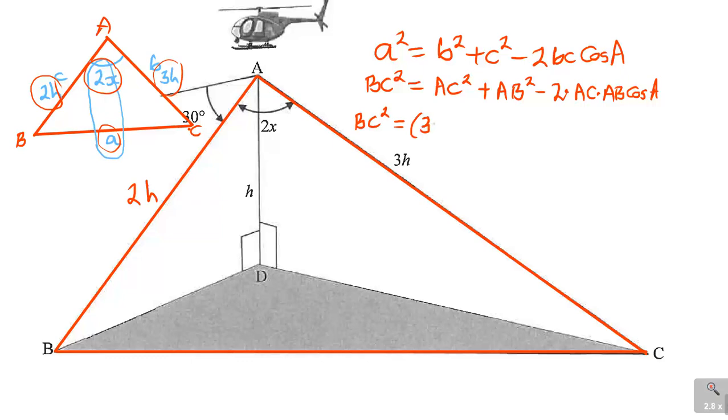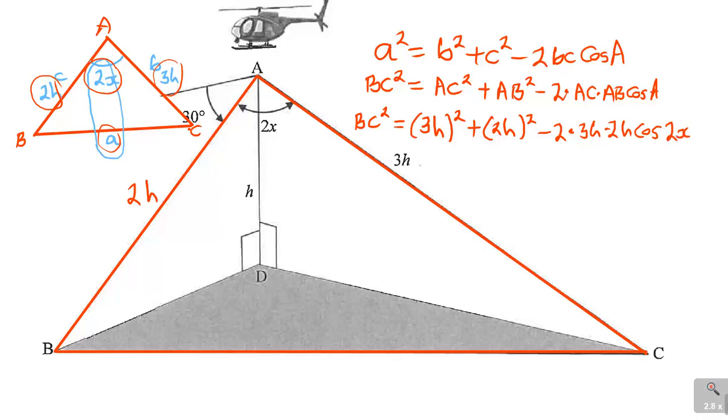Don't forget, you need to put that in brackets, which is (3h) squared, plus my AB, again in brackets, (2h) squared, minus 2 times 3h times 2h cos A, and angle A in this case is 2x.